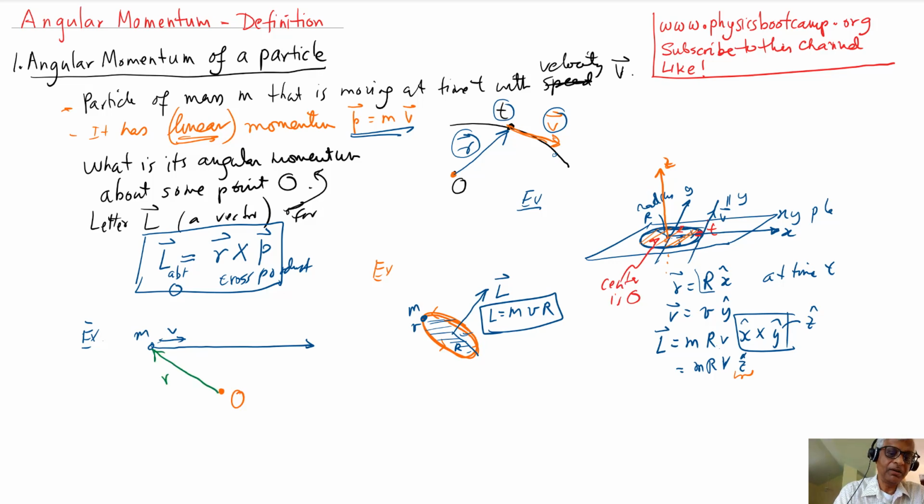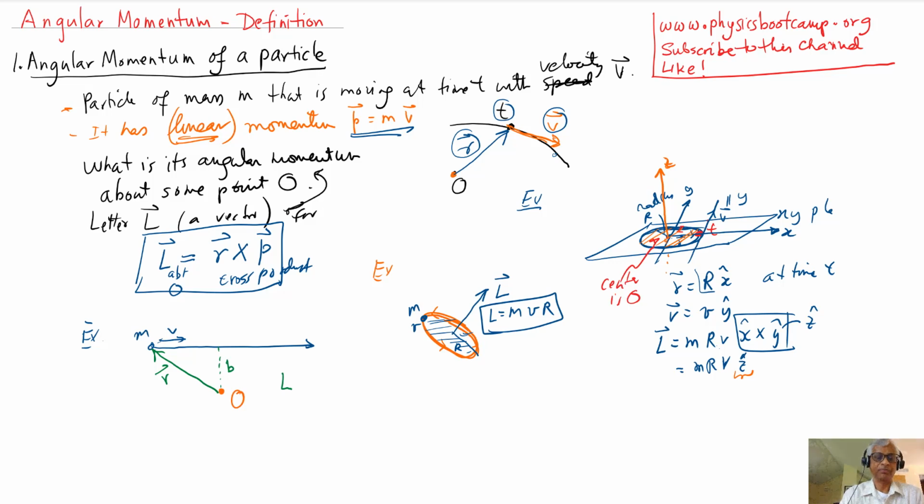This is the R, and this is the closest point, right? So let's call this B. You will find that L of this object moving like that about O is going to be a vector coming out.